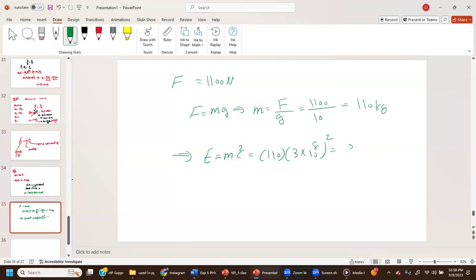So you're talking about 110 multiplied by 9 times 10 to the 16, which is going to equal 9.9 times 10 to the 18 joules.